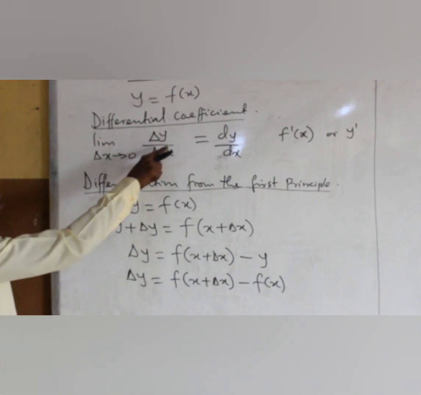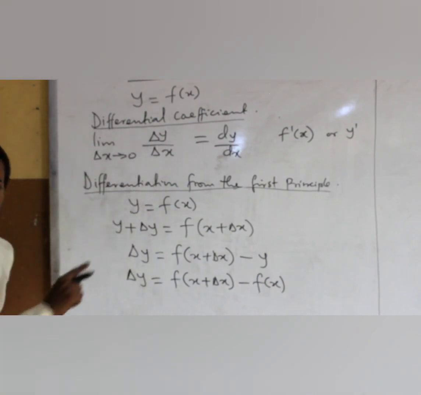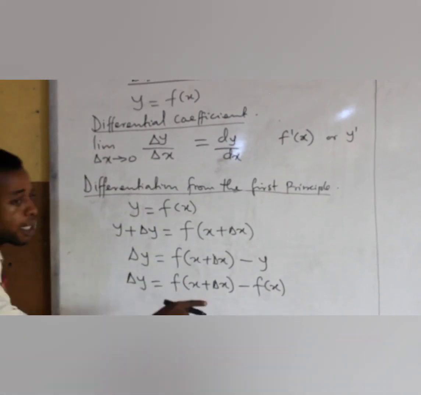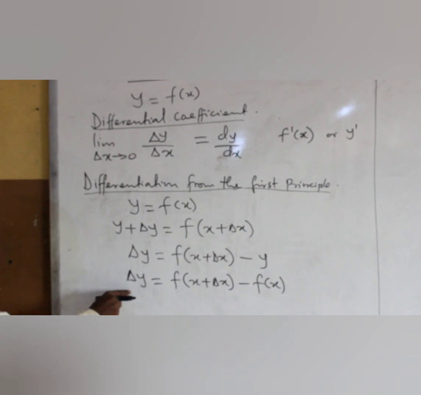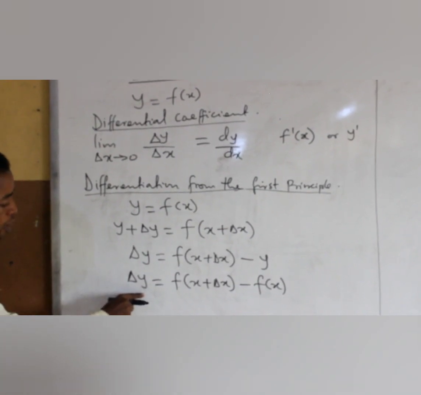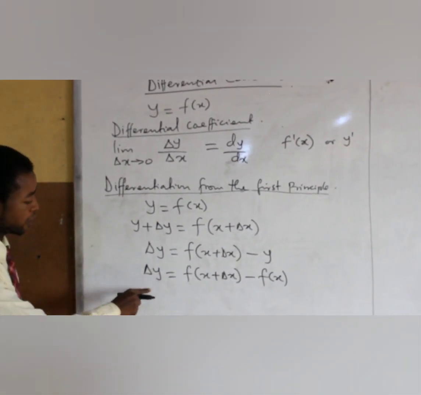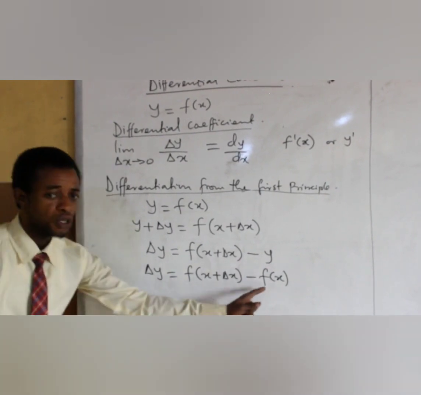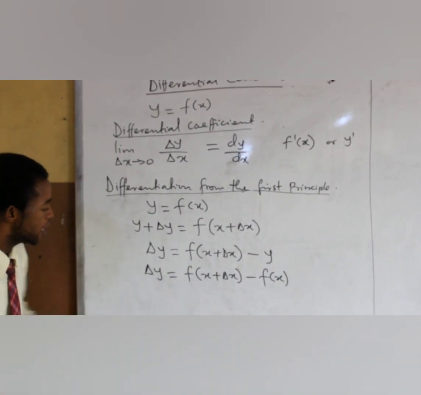But you can see that it's divided by delta x, so we can introduce that here on both sides, because I want to have delta x here over delta x here. And whatever I do on one side, I must also do on the other side. So divide both sides by delta x.